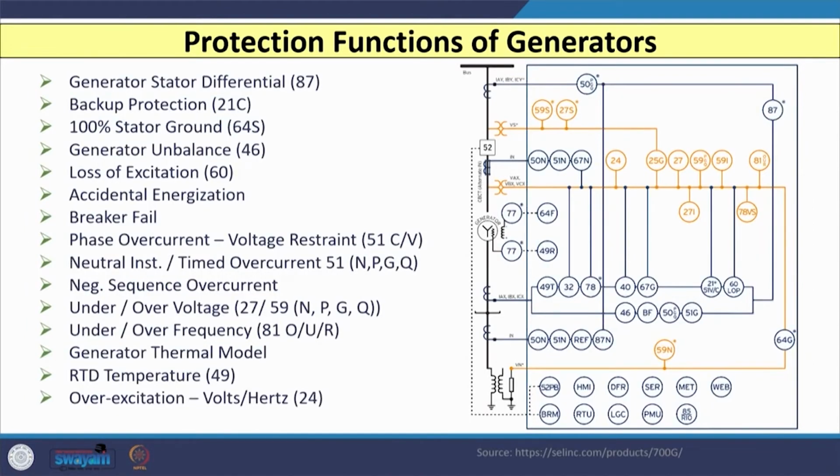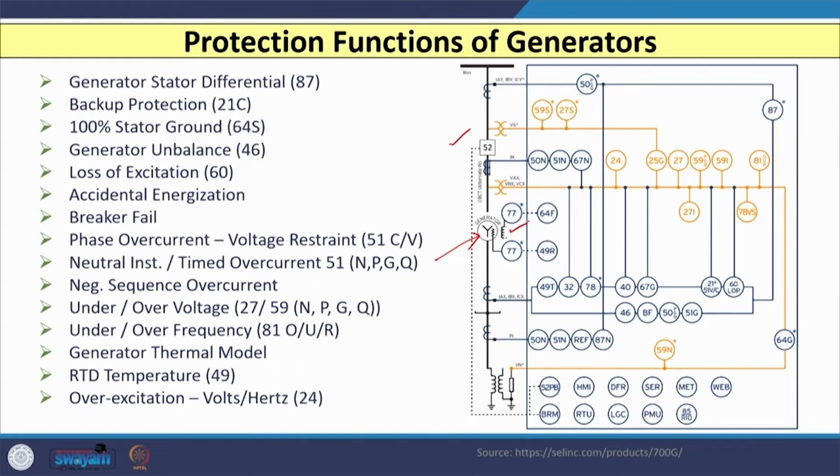So, now with these different device function numbers, if I look at the diagram of the generator, you can see I have shown the diagram of the generator here, with the generator field also available.